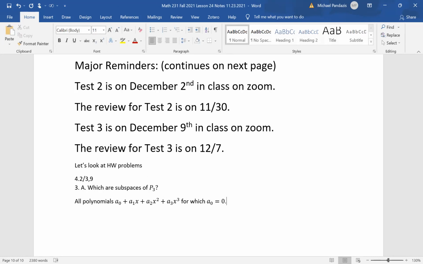Okay, so this is a subspace. It's closed under addition and scalar multiplication. The constant is 0 at the end. And so if you add any two polynomials with constant 0, you get another polynomial with constant 0. And if you multiply a polynomial with constant 0 by a scalar, you still have a constant 0 polynomial. So it is a subspace because it's closed under addition and scalar multiplication.